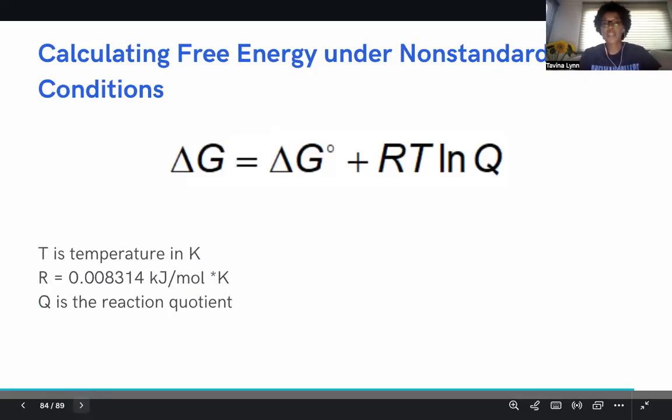If we're calculating free energy change under non-standard conditions, this is the formula that we would use. We're going to come back to this later when we talk about equilibrium, but I just want to mention this now. T is our temperature, R is our gas constant, and Q is the reaction quotient.